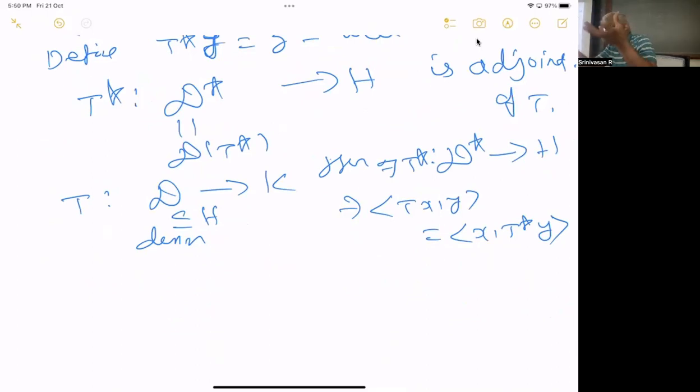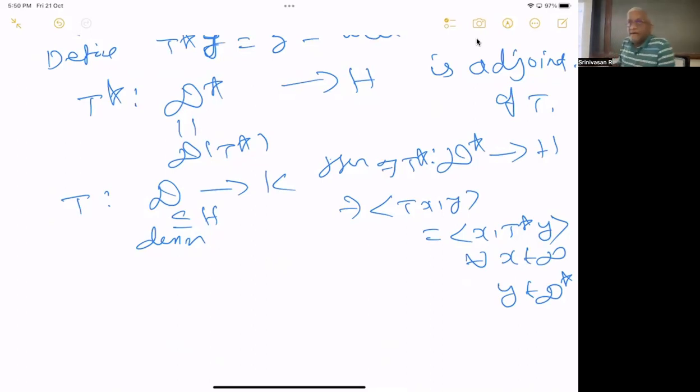First of all, they have the same domain, because this is true for all X in D and Y in D star. D star is fixed without any reference to T star; it is all those Y satisfying that condition. So the domain is fixed. From D star there will exist only one operator which satisfies this condition, because D is dense, you cannot have two. This T star Y is uniquely defined.